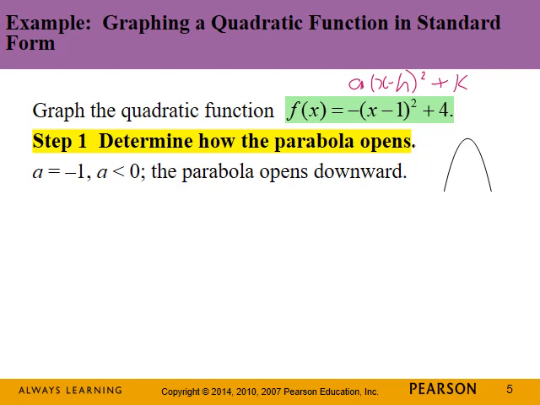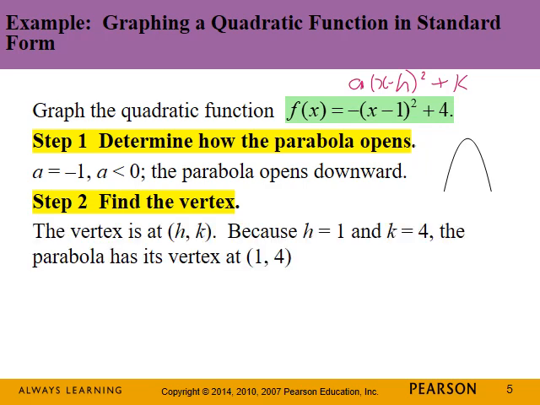And there is a picture to the right that you see, a parabola that opens down. Next thing is we have to find the vertex. The vertex is your h value and your k value. Remember that h is an x value and k is a y value. So in order to find it, you just look at the function and find the position that the h is supposed to be in.